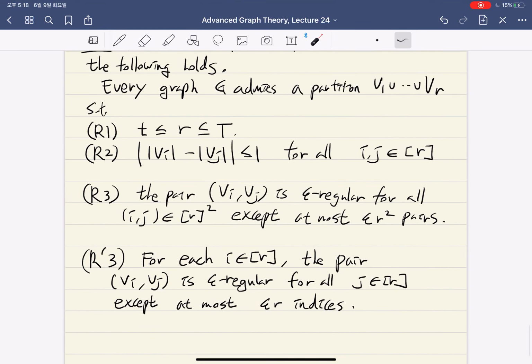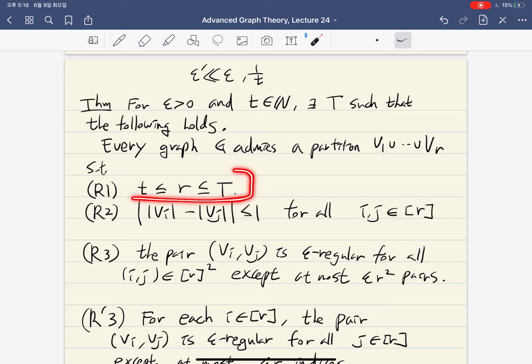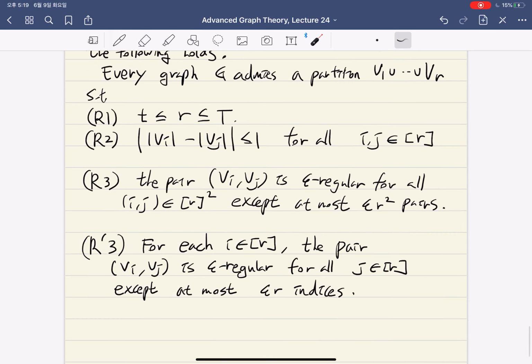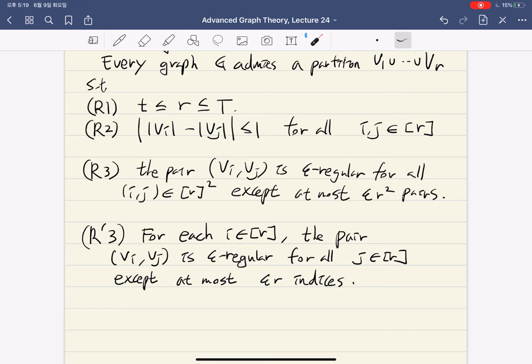Moreover, we can ensure more: the number of parts is at least a certain number and bounded, the parts have almost equal size, and most of the pairs are epsilon regular. Moreover, each set is epsilon regular with almost all the other sets, except an epsilon fraction. We will resume the explanation about this in the next lecture.